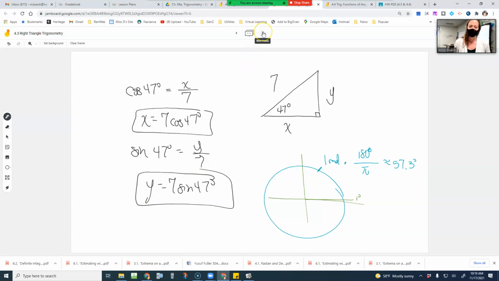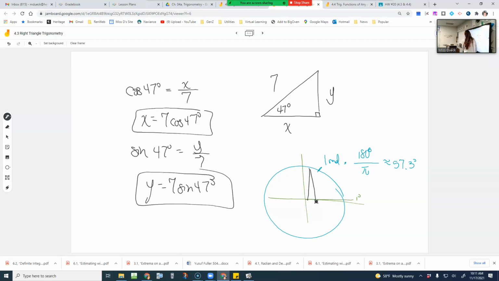Does it matter if it has an x or a y? Well, it matters because 47 is pretty close to 45, so these are pretty close to congruent. They're a little bit off, but if I was at something up here, like 72 degrees, it's going to make a big difference as to which one's which.